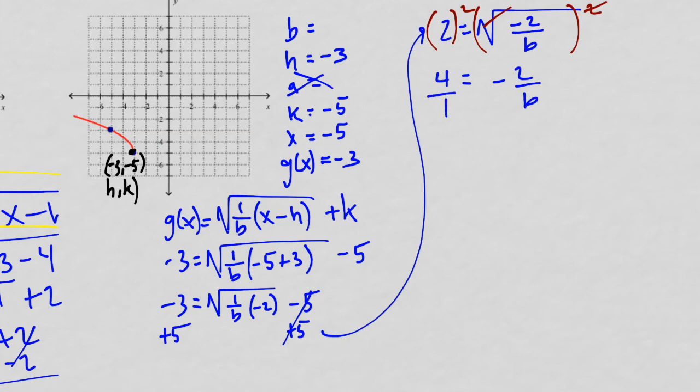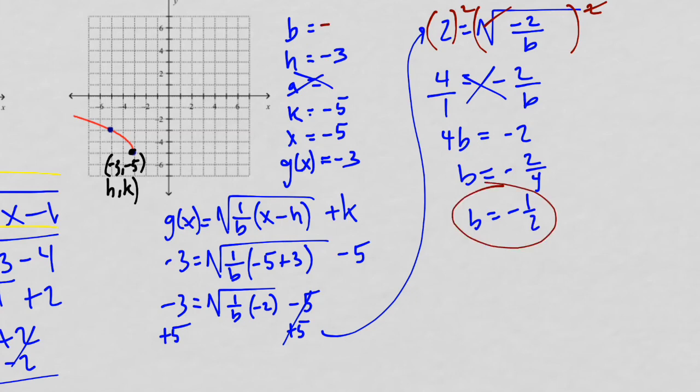Put a 4 over 1 and cross multiply to solve. 4 times b is 4b. Negative 2 times 1 is negative 2. b is negative 2 over 4 because we're dividing by 4. And so finally b is negative 1/2. That's b, negative 1/2. And we're done.